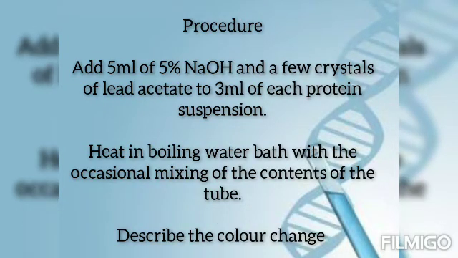Procedure: add 5 ml of 5% sodium hydroxide and a few crystals of lead acetate to 3 ml of each protein suspension. Heat in a boiling water bath with occasional mixing of the contents of the test tube and describe the color change.